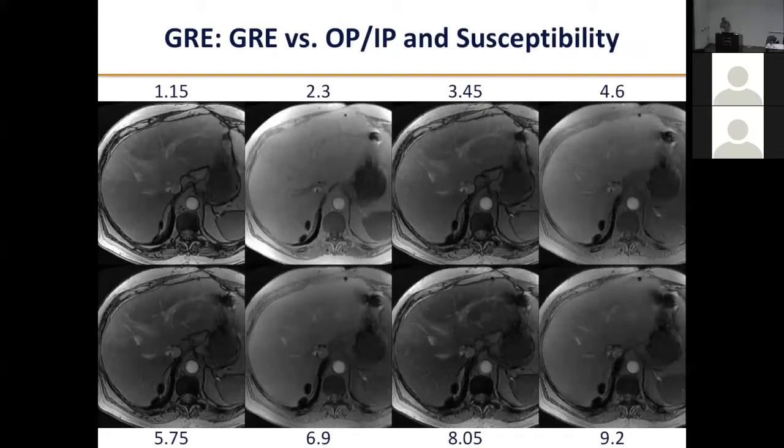You see that little black blob right there. Notice that surgical clip is invisible at TE 1.15. You can't see it at all. So sometimes you want to see surgical clips, sometimes you don't. If you want to see surgical clips, use a long echo time. If you don't want to see surgical clips, use a short echo time.